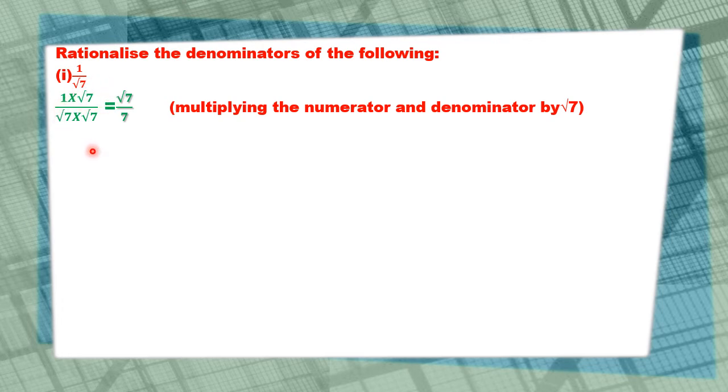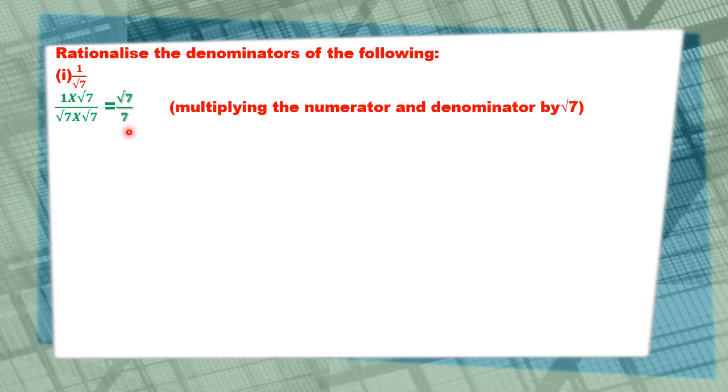As you have learnt in the lower classes, to convert a fraction into an equivalent fraction, we multiply its numerator and denominator by the same number. The same process we carried out over here. We multiplied the numerator and denominator by root 7. That's why we are getting root 7 in the numerator and in the denominator we got 7. It means we have rationalized the denominator.